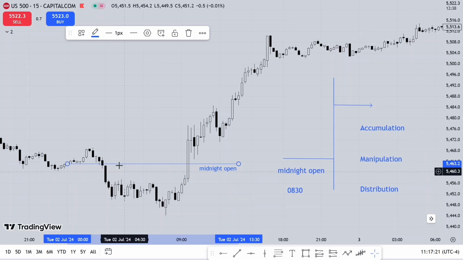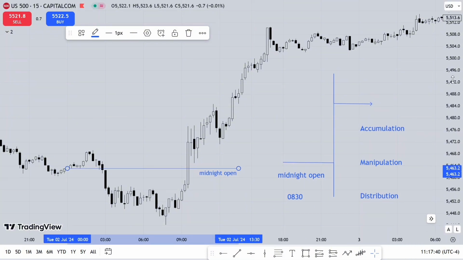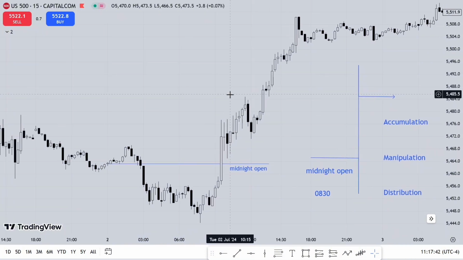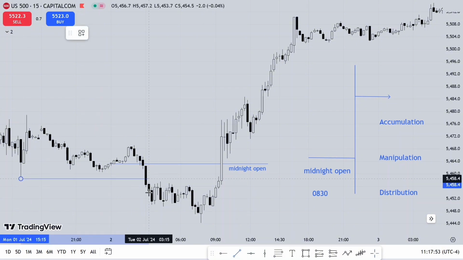When price trades lower like this, you have an expansion leg higher, which is the distribution phase now, because you have this accumulation here, then price trades lower, creating a manipulation to take out traders that want to go long from these relative equal lows. These are relative equal lows here. So here you have sell stops resting below this.